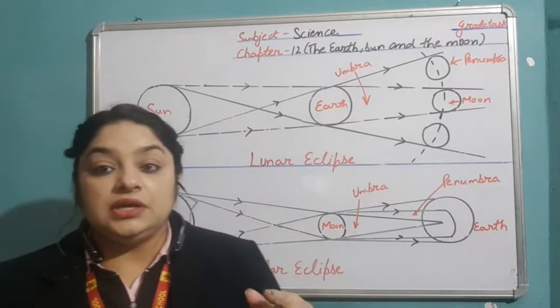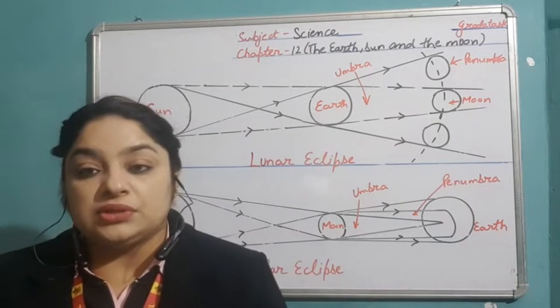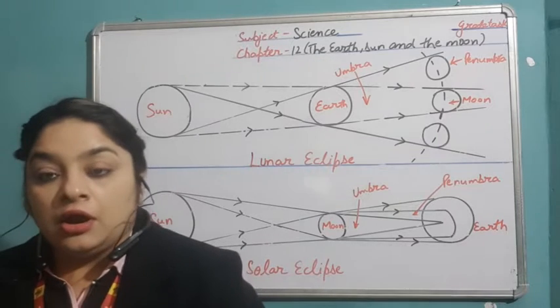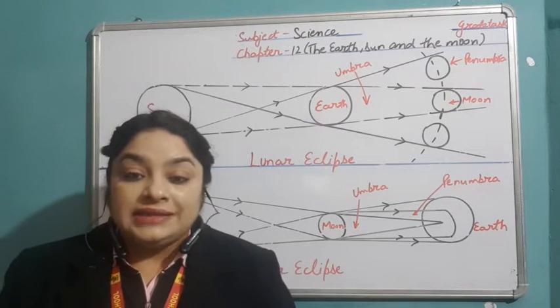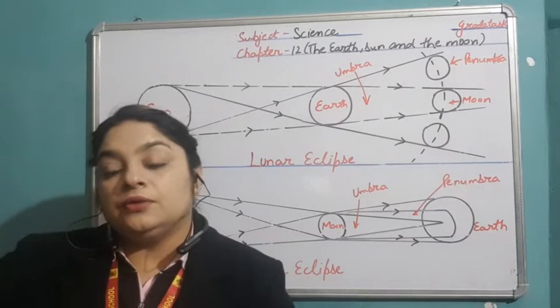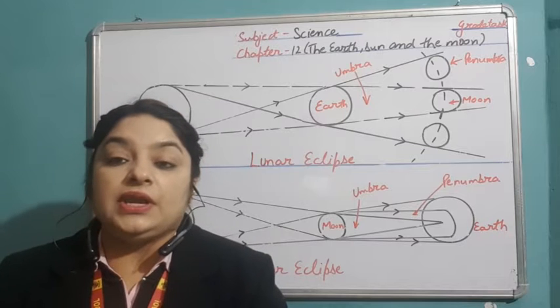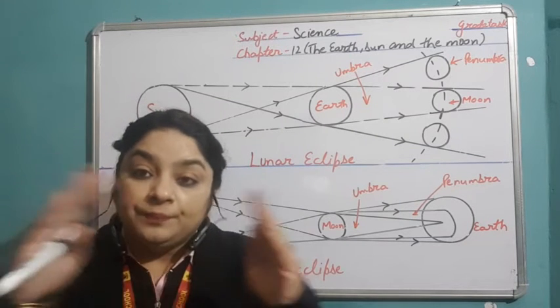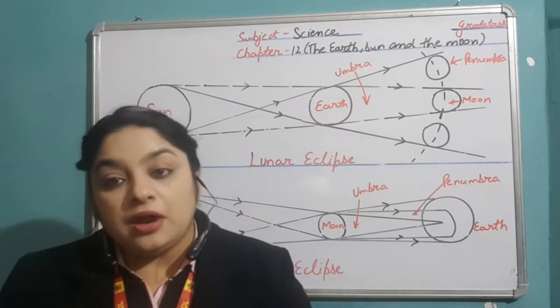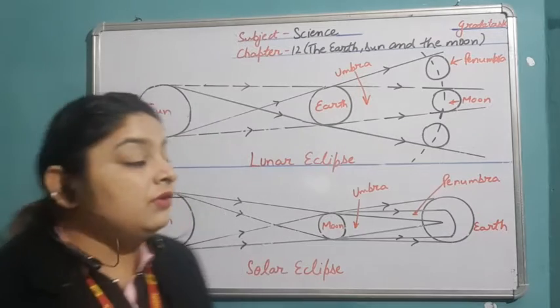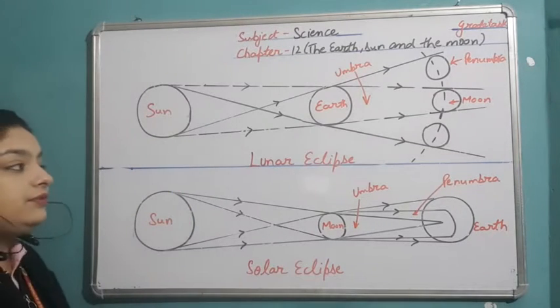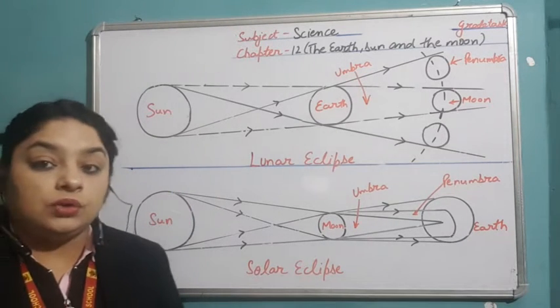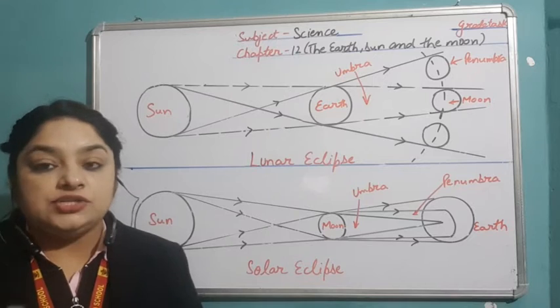Now we have further lunar eclipses of two types, on the basis of how much shadow the moon gets, whether it will be completely or just a part of it will not be visible. So we have two types of lunar eclipse: total lunar eclipse and partial lunar eclipse.